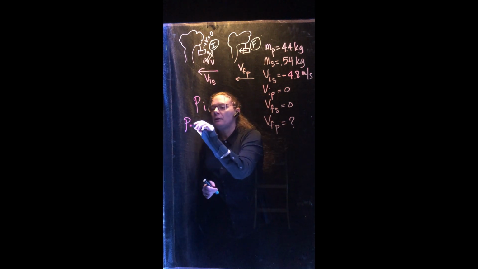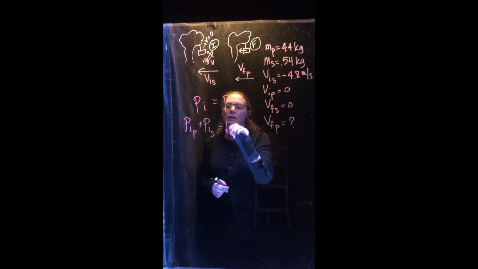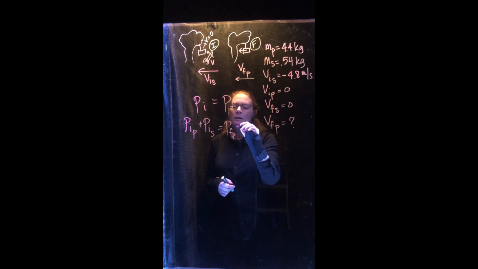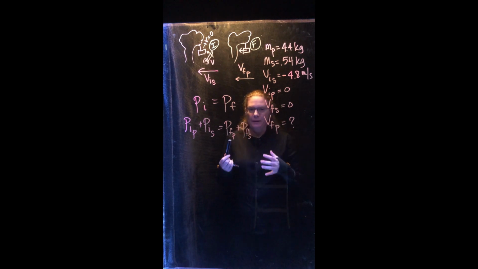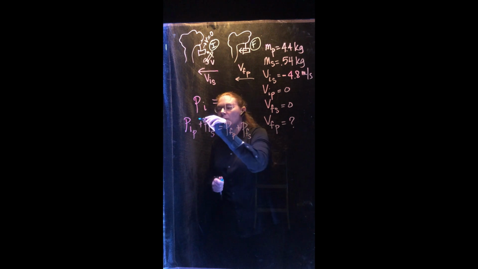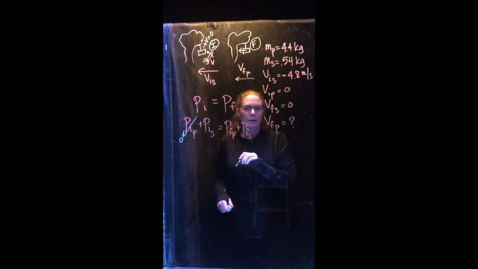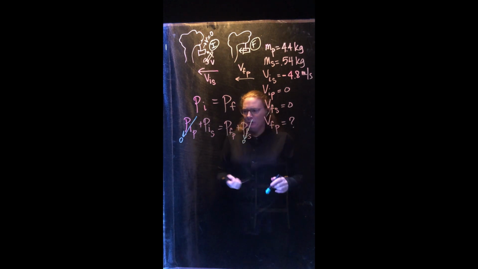So that would be the initial momentum of the piñata plus the initial momentum of the stick equals P final of the piñata plus P final of the stick. We can make our life a little easier right away, because we know two of these are 0. The initial momentum of the piñata was 0, so there is no initial momentum of the piñata. The final momentum of the stick is 0, so there's no final momentum of the stick. So many things to keep track of.